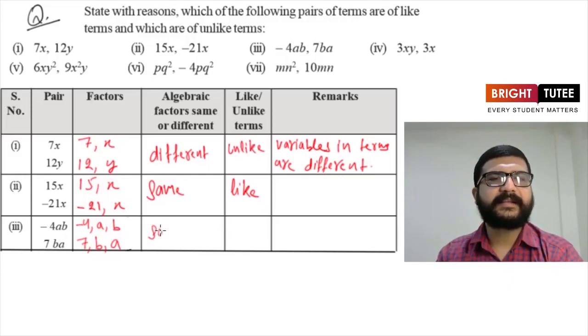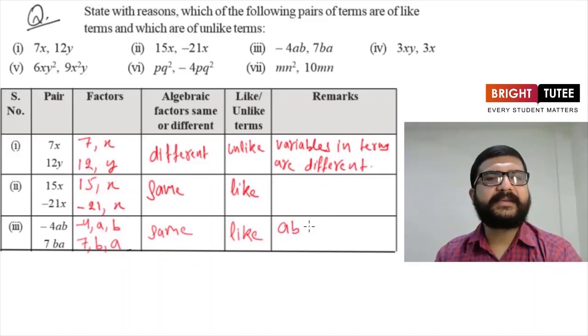So we can write same here. That is, their algebraic factors are same, hence the terms are like terms. And for remarks we can say ab is equal to ba, because we know a multiplied with b or b multiplied with a, they are the same thing only. So the terms here are like terms.